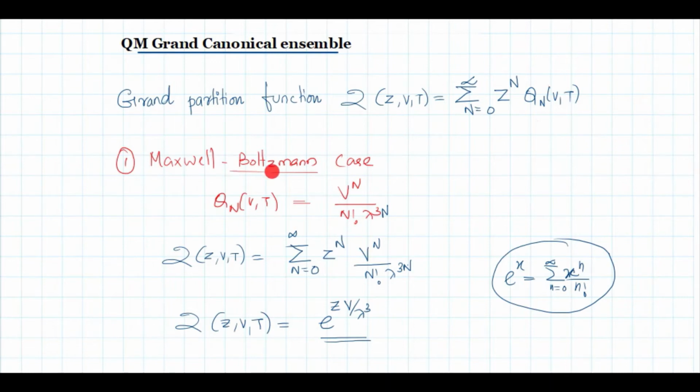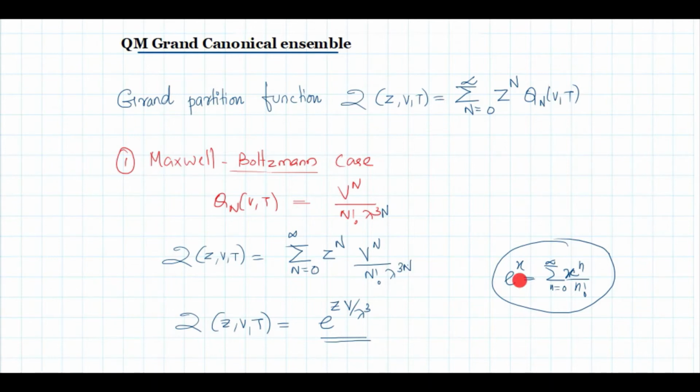The first one is the Maxwell-Boltzmann case. We already know that Qn is V raised to n by n factorial lambda raised to 3n. We just derived this expression for the canonical partition function in the Maxwell-Boltzmann case. You just substitute this value here. Then this is the sum over n equal to 0 to infinity of z raised to n, V raised to n by n factorial, lambda raised to 3n.